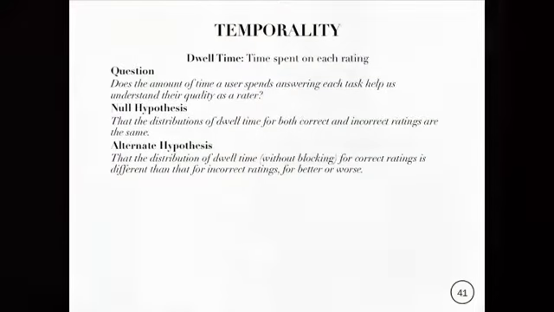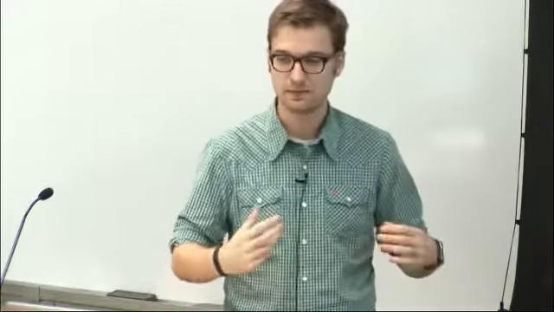So if it did, then what we would see is people that spent more time dwelling on a choice would be correct more often. Can anybody guess whether that ended up being true or false?